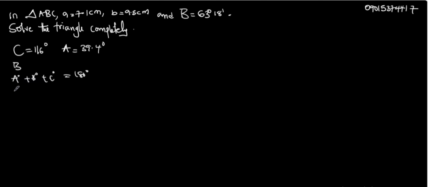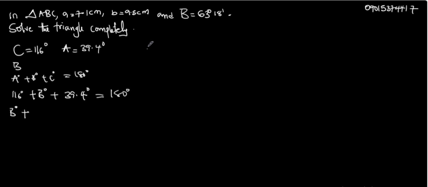We have 116 degrees plus B degrees plus 39.4 degrees, which is equal to 180 degrees, right? So we have B degrees plus 116 degrees plus 39.4, right? I said it's equal 115.